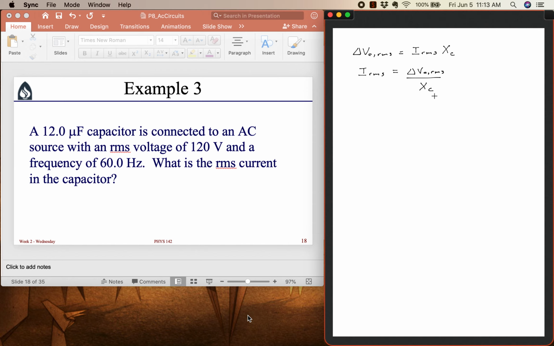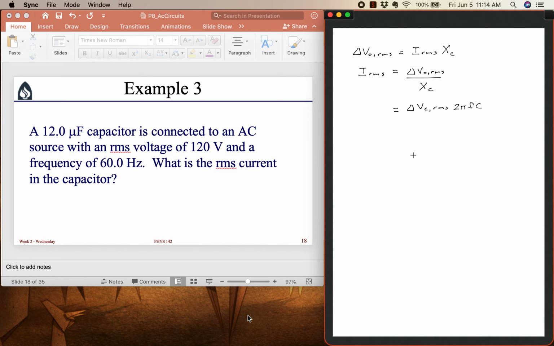Now the capacitive reactance is 1 over 2 pi FC, and if we take 1 over that, we'll find that the IRMS is equal to the voltage across the capacitor RMS times 2 pi FC.